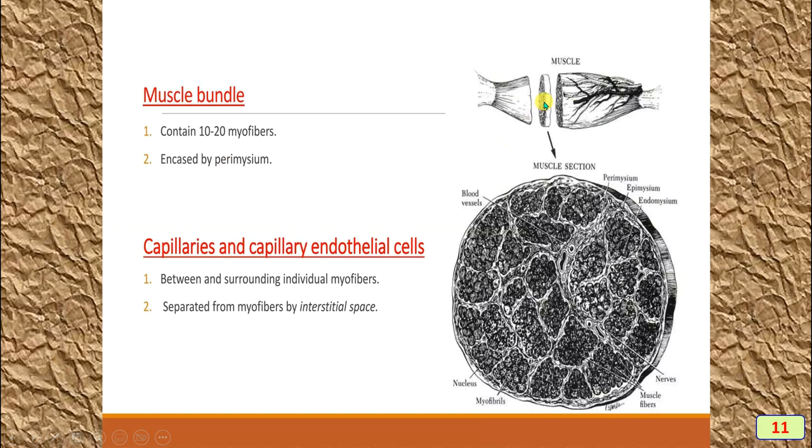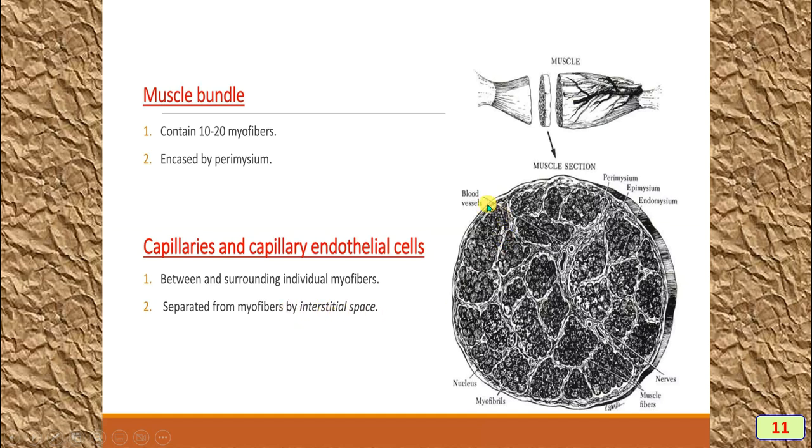So this is the cross section of a muscle, and we can see the cross section, especially just like a salad. The capillaries and capillary endothelial cells are also there in between the individual myofibrils and separated from the myofibril by interstitial space.